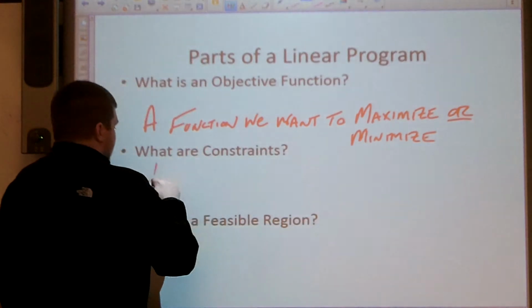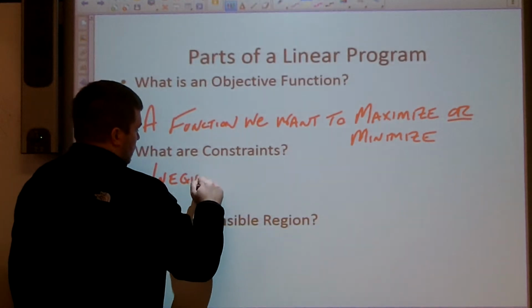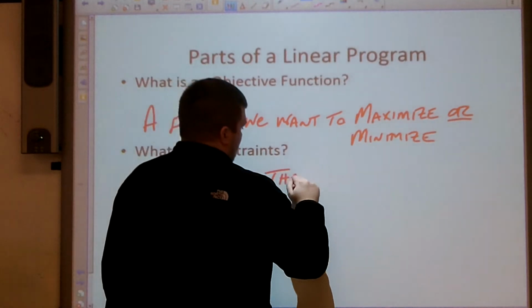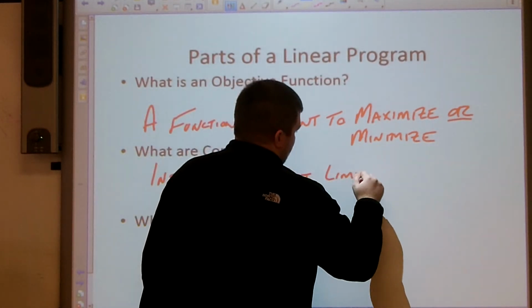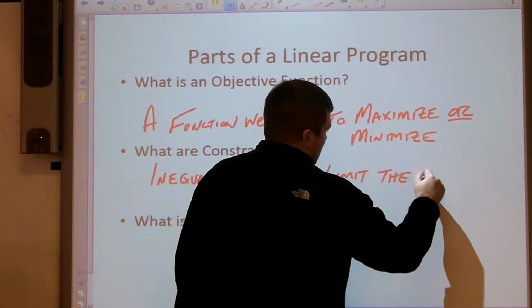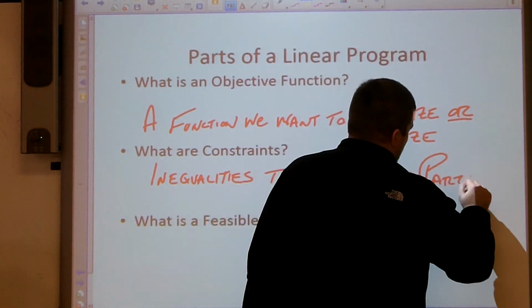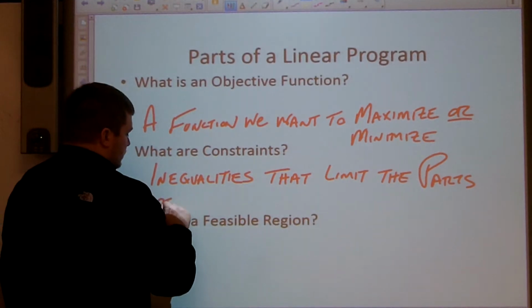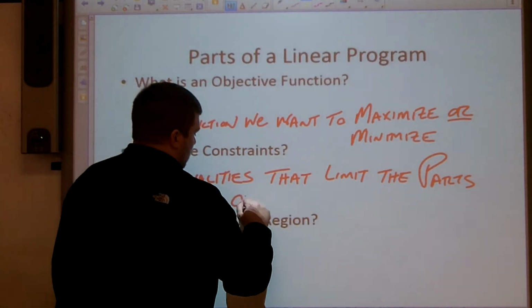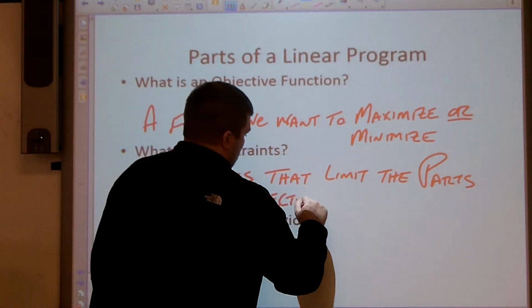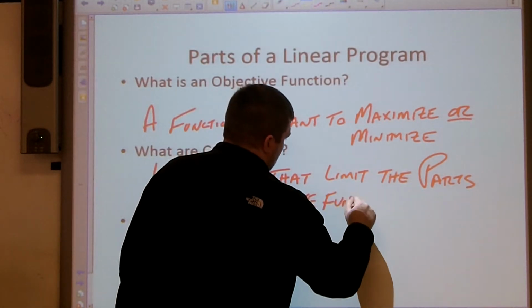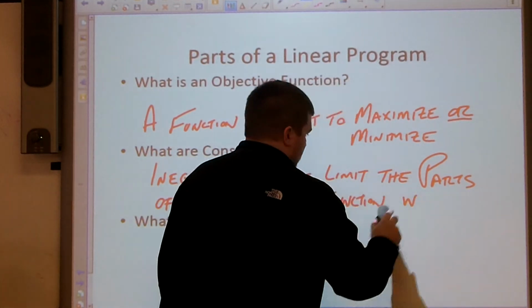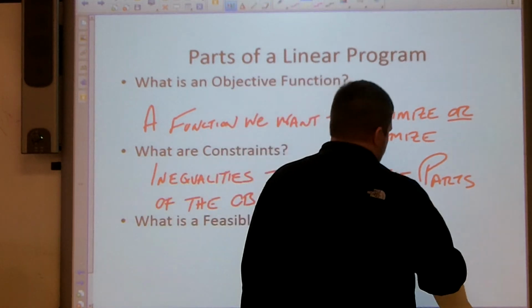So inequalities that limit the parts of the objective function that we're going to be interested in.